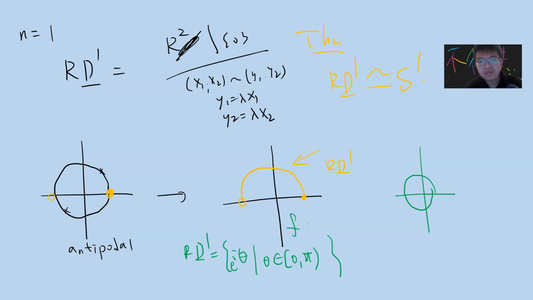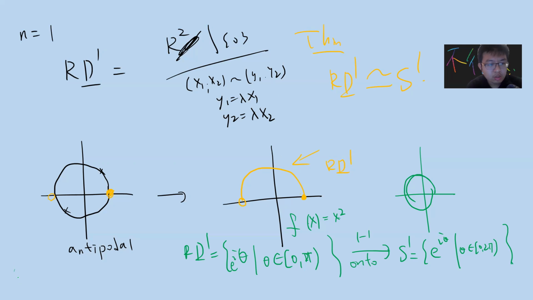You can create a doubling map, defining f of x to be x squared. This becomes a circle, e^{i theta} with theta from 0 to 2 pi. Obviously you can check this is one-to-one and onto and continuous, and its inverse is also continuous. Very simple, so in this case RP1 is just a circle.